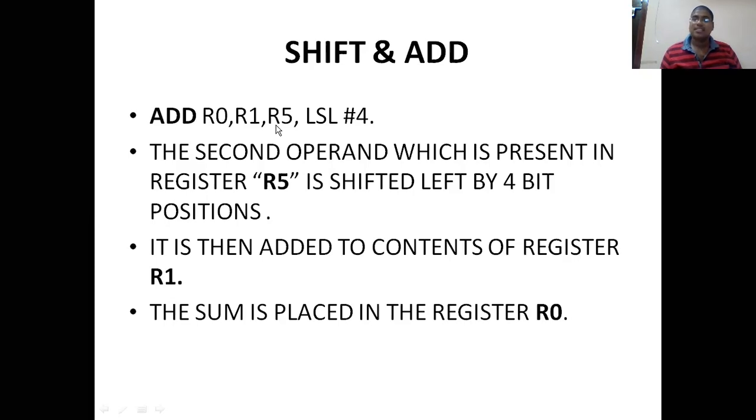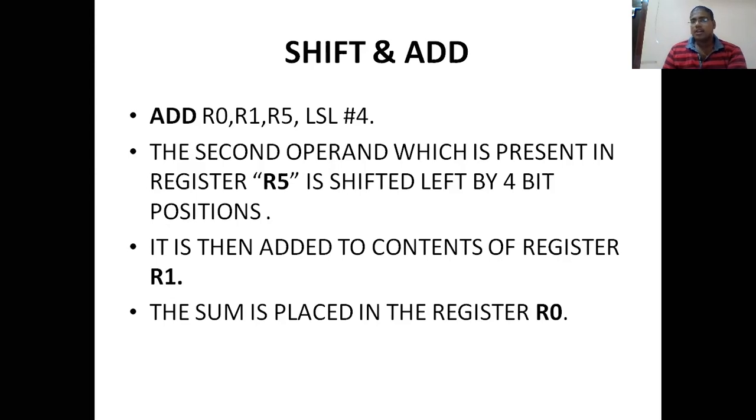In the first and second units, all the instructions consisted of only 2 operands, and some consisted of even 1 operand. But now, we can see 1, 2, 3, 4, 5 operands. So in a single instruction, we are going to perform multiple tasks.